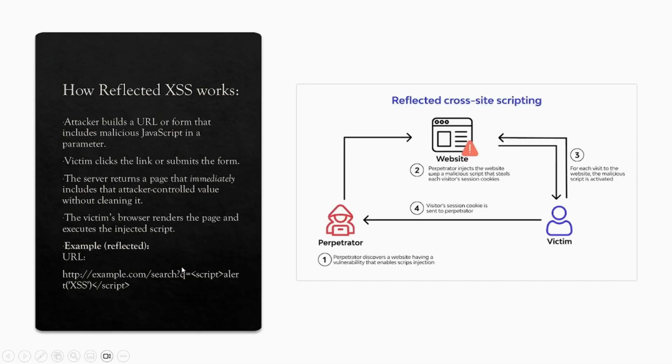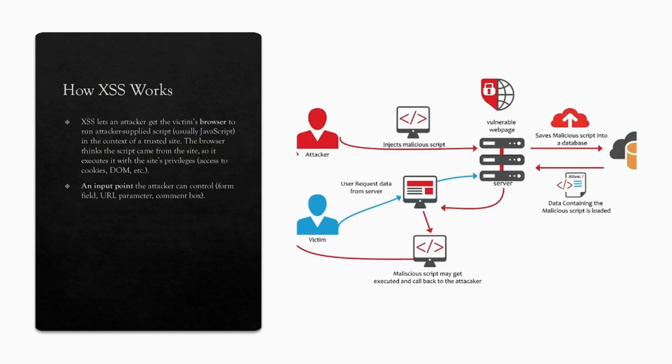Let's go back to how XSS works. I have a small scenario, or analogy, we can say. Imagine there is a public bulletin board where anyone can post a note. If the board manager reads every note and doesn't check them, someone could slip in something like a dangerous instruction, right?